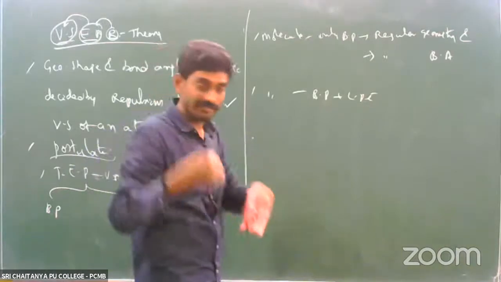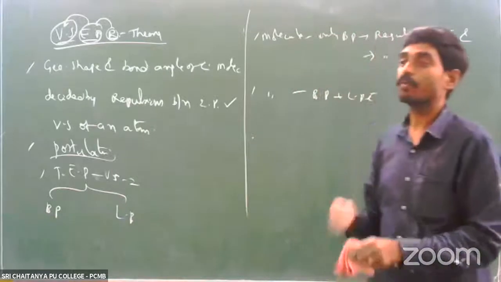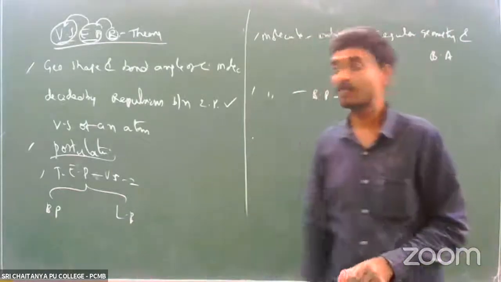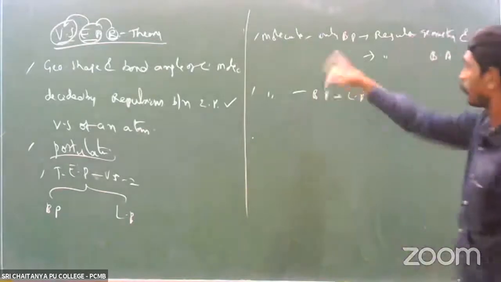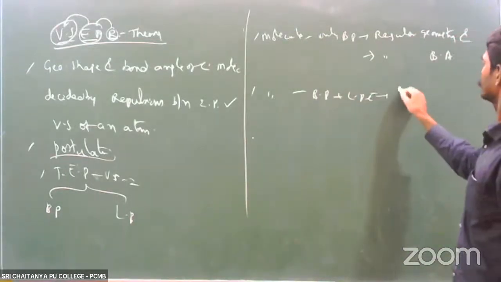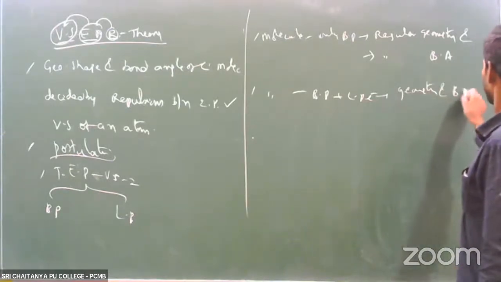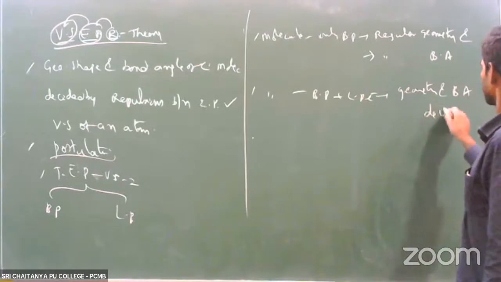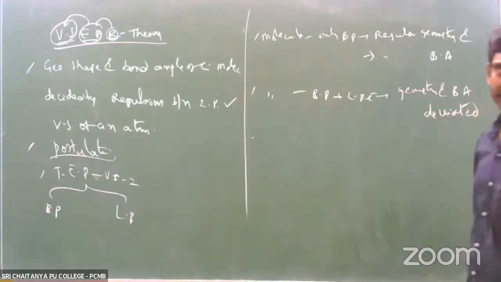Because of that, the geometrical shape and bond angles get deviated, and the bond angles get reduced.